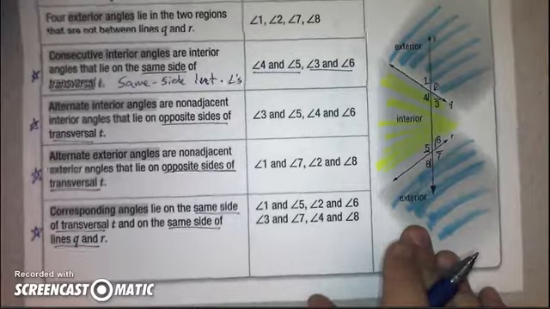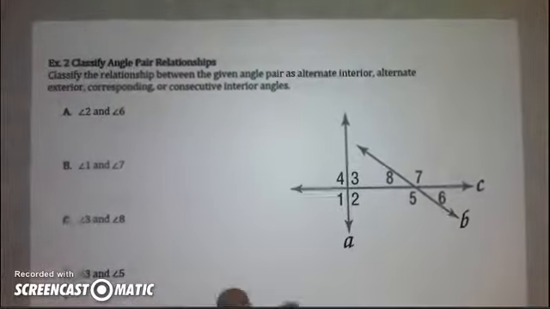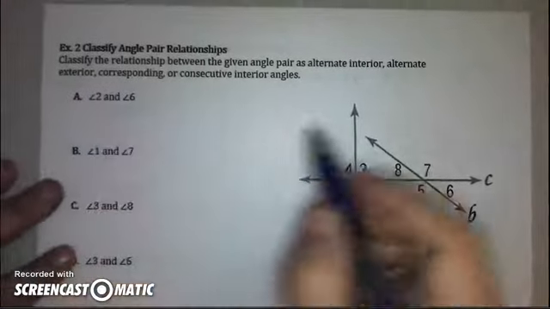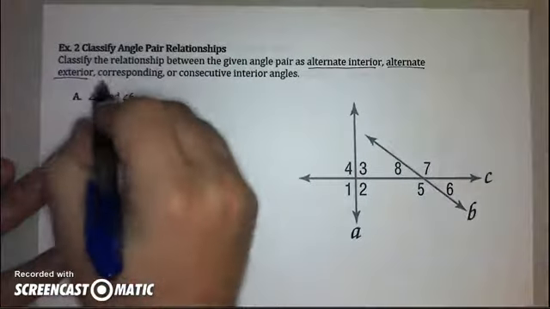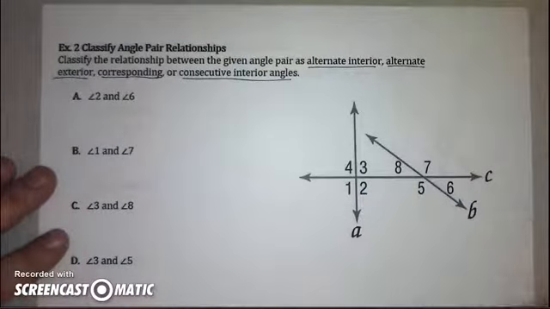All right, so we have all those pairs we can take a look at. So you're going to want to make sure you can see this information as we do this next example. So in our example here, we want to identify whether these are alternate interior angles, alternate exterior angles, corresponding angles, or consecutive interior angles. And I'll use abbreviations for these.